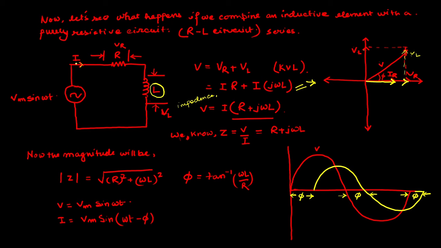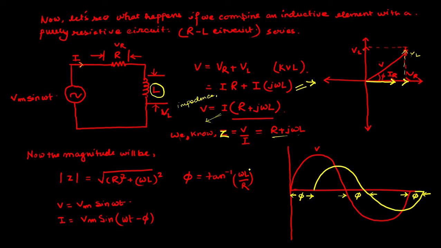So this I will be going through the resistive element as well as the inductive element. Now we know that Z equals V by I, which means this I comes underneath V and the impedance becomes R plus j omega L.